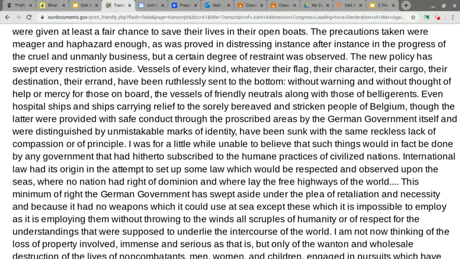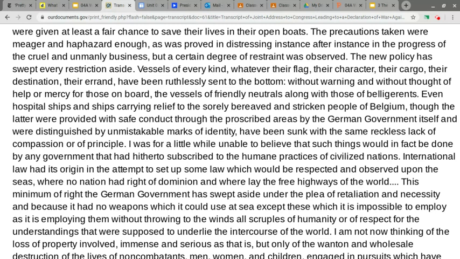Even hospital ships and ships carrying relief to the sorely bereaved and stricken people of Belgium, though the latter were provided with safe conduct through the proscribed areas by the German government itself and were distinguished by unmistakable marks of identity, have been sunk with the same reckless lack of compassion or of principle.